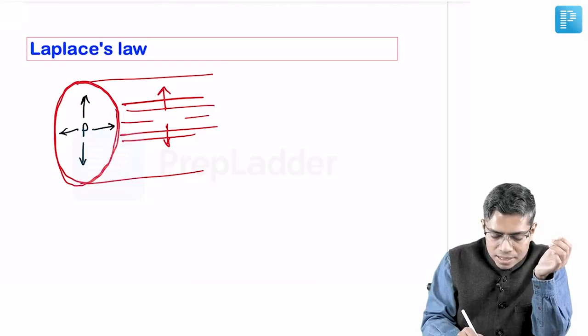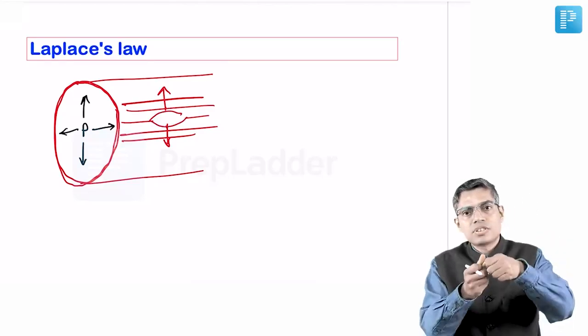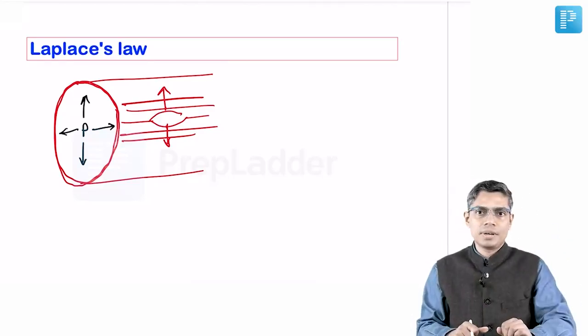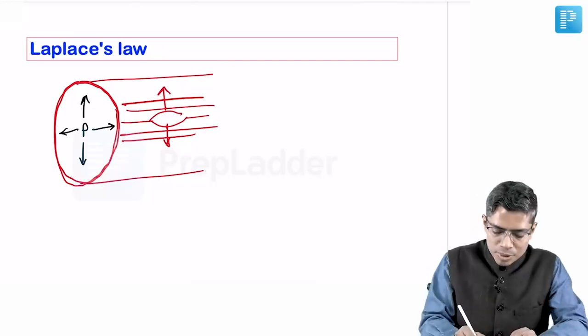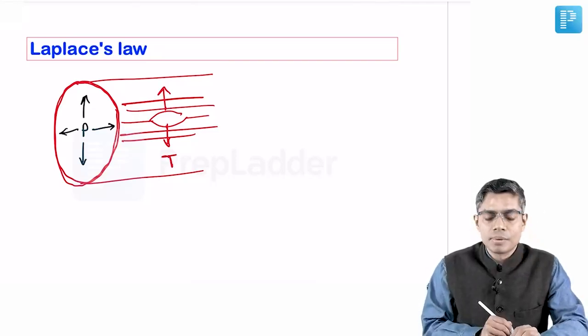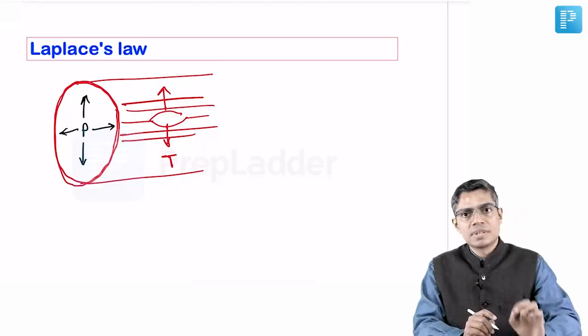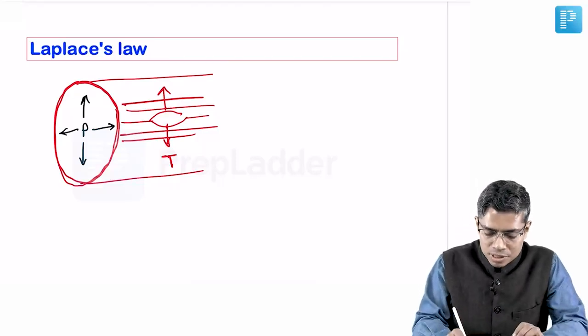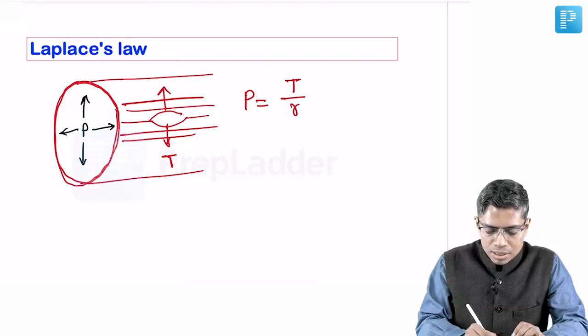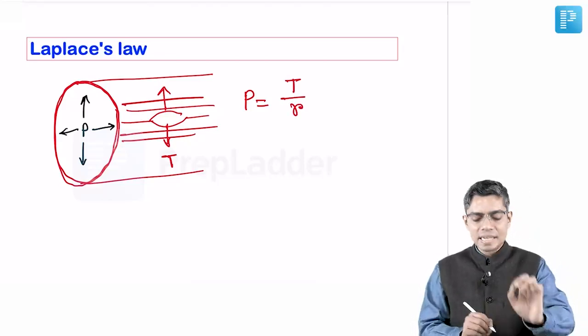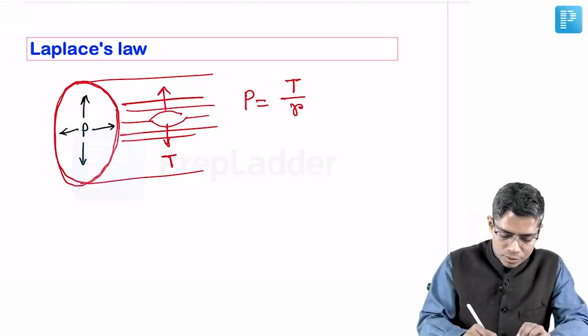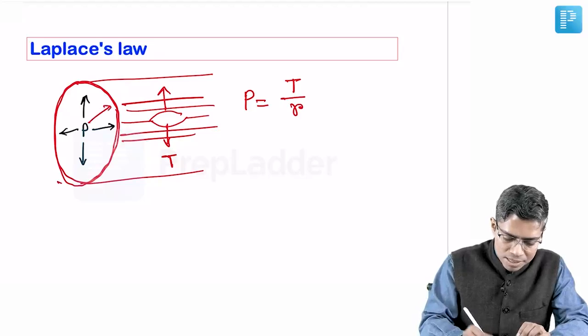So it is said that tension is that force which is trying to tear up the blood vessels. There is a relationship between this tension on the vessel wall and the luminal pressure, and that relationship is by Laplace law, which is P = T/R, where R is the radius of this vessel.